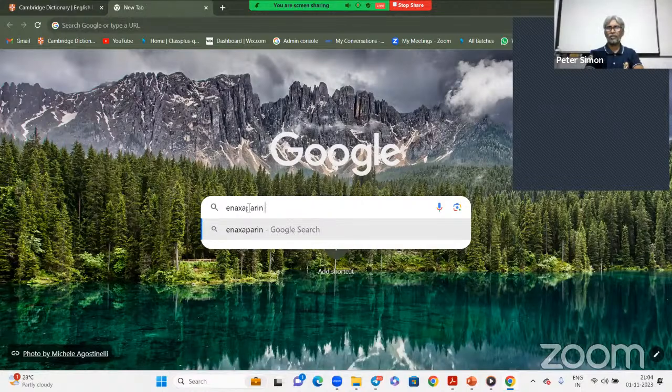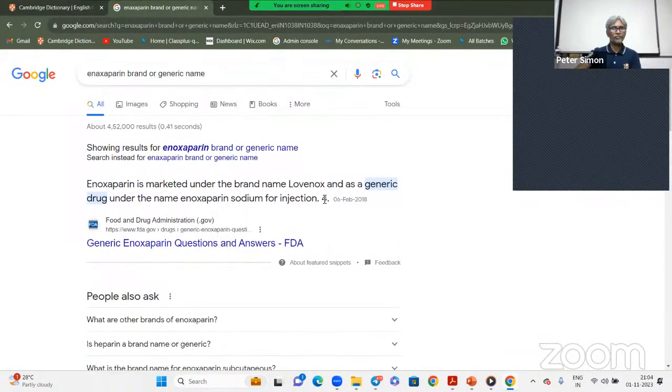Enoxaparin: is it a brand name or a generic name? It is enoxaparin, not enoxaparin. You wrote a spelling mistake. So this is the spelling, please.